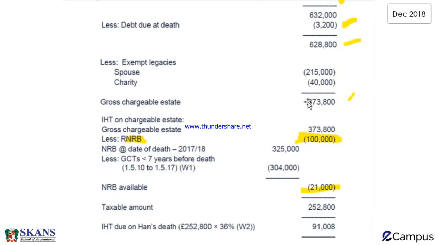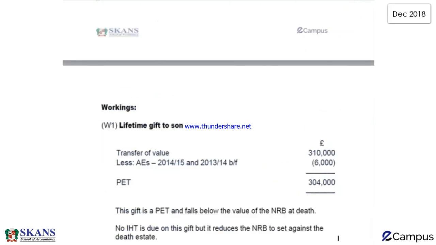Put working 2 over here and go to working. As you can see, in his death estate, you deduct charitable legacies. You have to compare these charitable legacies with the 10% of baseline amount. If these charitable legacies will be 10% of the baseline amount or more, we would be applying 36% rate. But if they are not more than 10% of the baseline amount, in that case, we will be applying only 40% rate.